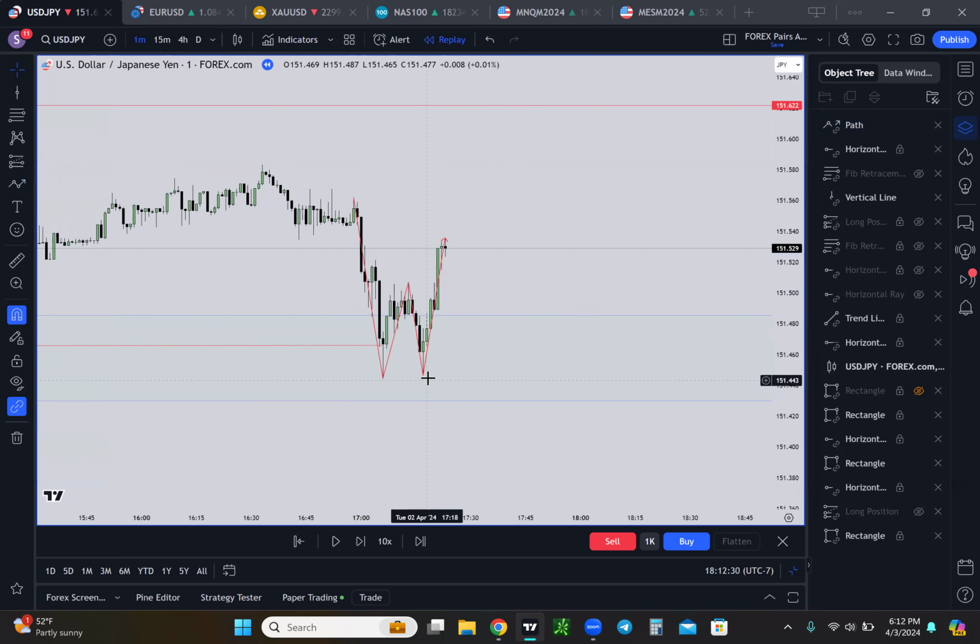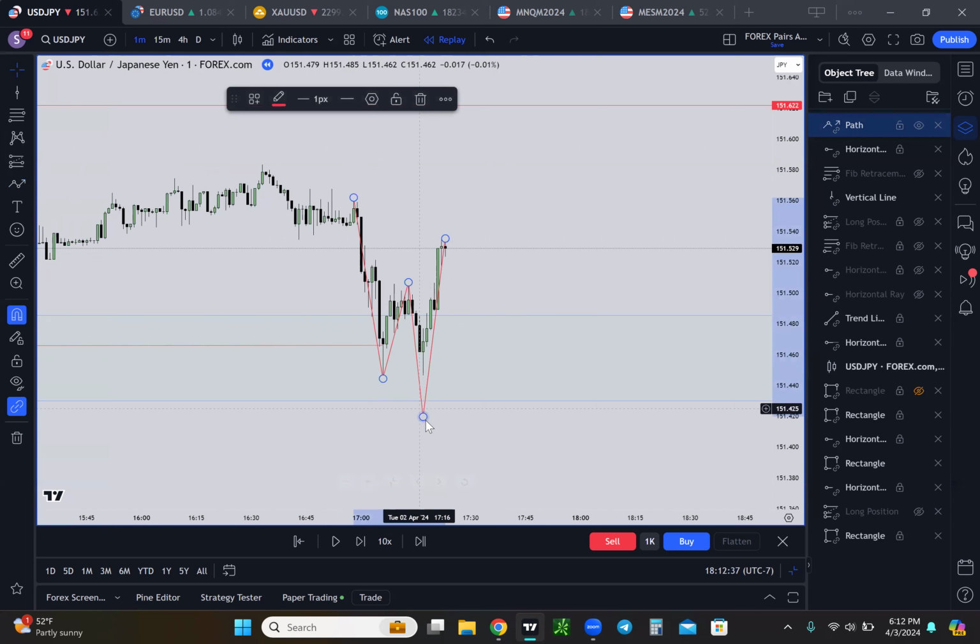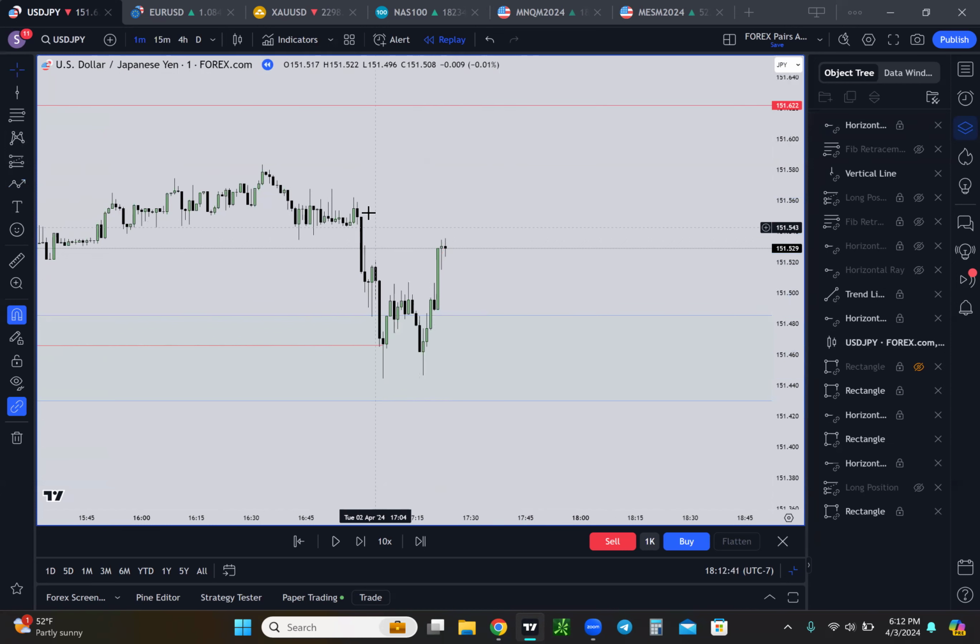Okay, a W2 is when this low is higher than this low. A W1 looks like that. Okay, but a W2 is okay in this instance because basically these lows are below this 15-minute swing point and we're in this demand zone. Okay, so what I want to see is price start to pull back this way. And I'll show you why.